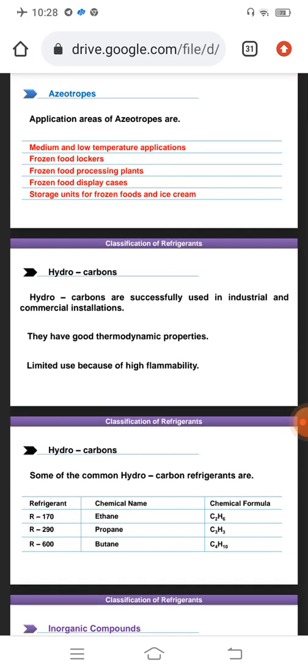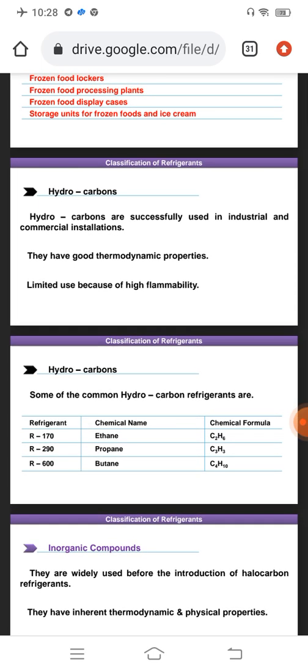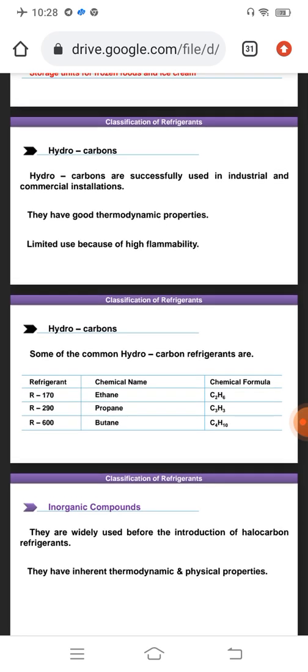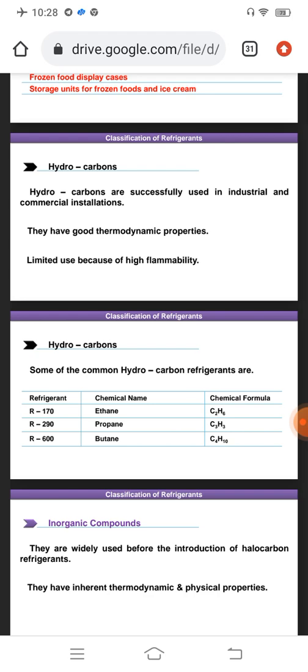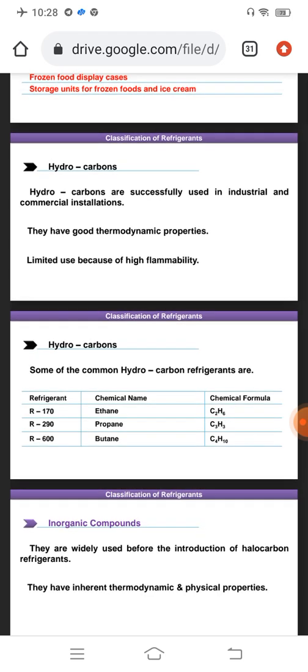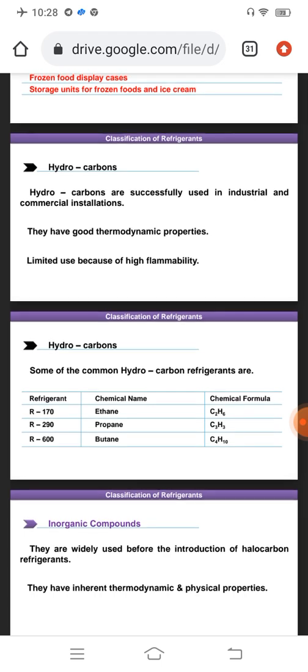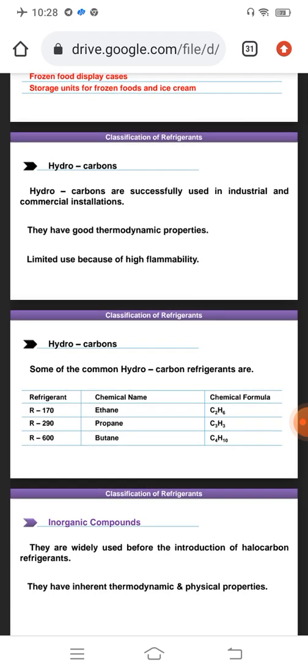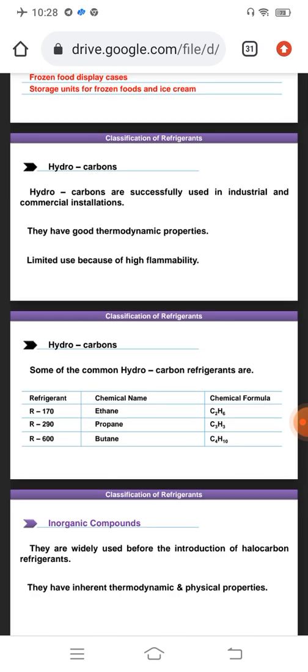Next are the hydrocarbon compounds. Hydrocarbon compounds are produced from petroleum in an oil refinery, and these refrigerants have desirable thermodynamic properties, but they are highly flammable. Some important hydrocarbon refrigerant examples: R50, which we call methane, CH4.